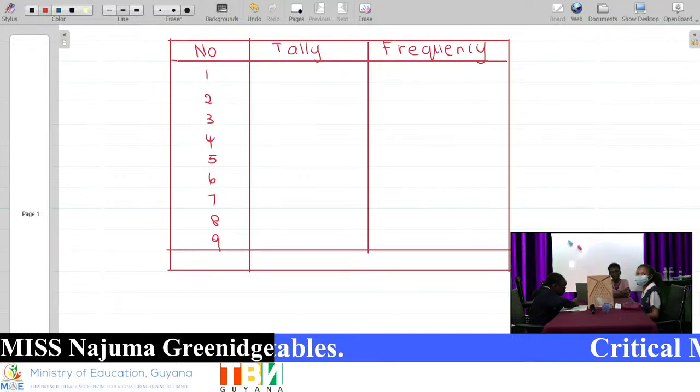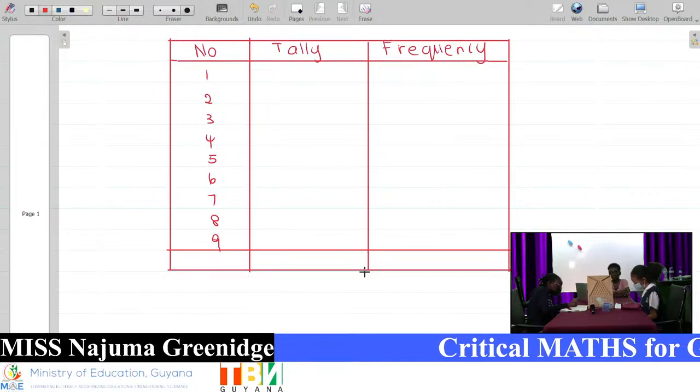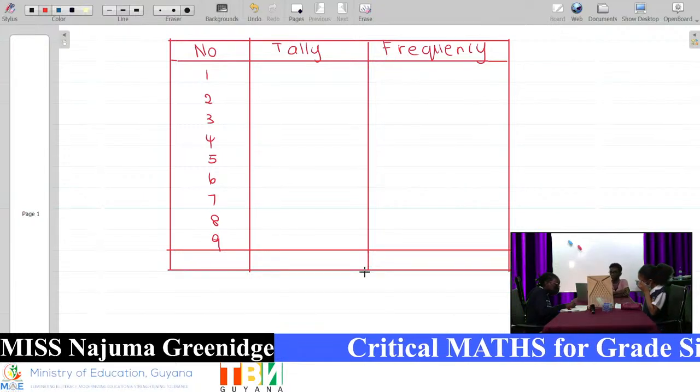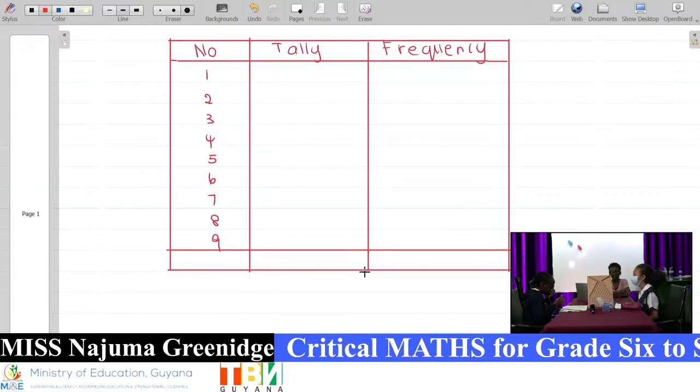And with the information generated from our Plinko, we're going to represent our frequency table, utilizing our tally chart. Good.